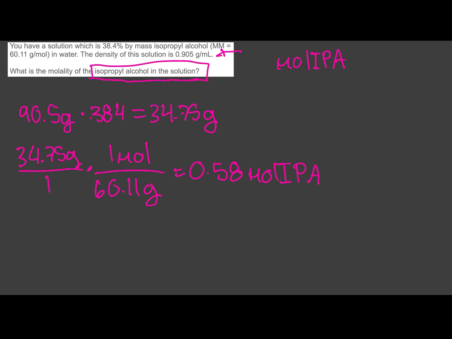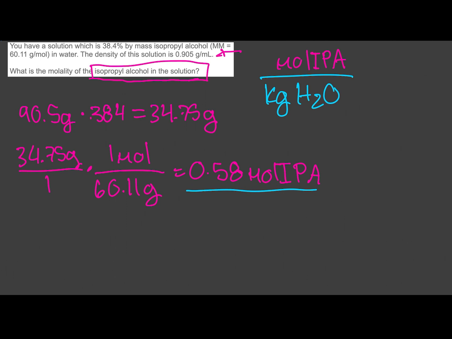Okay, so now that we have the moles of IPA figured out, let's figure out the mass of water, since we need kilograms of H2O, or kilograms of solvent, on the bottom.